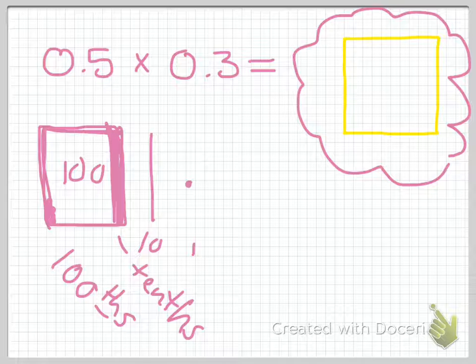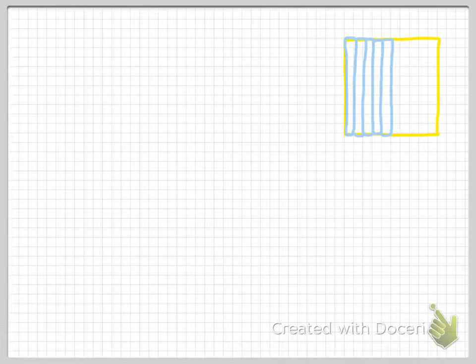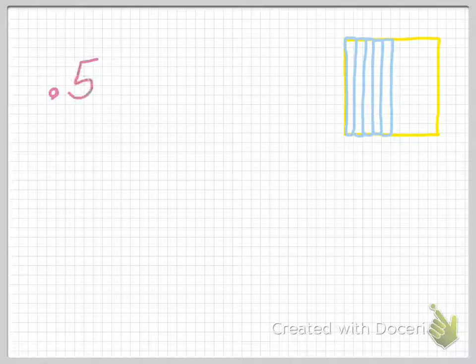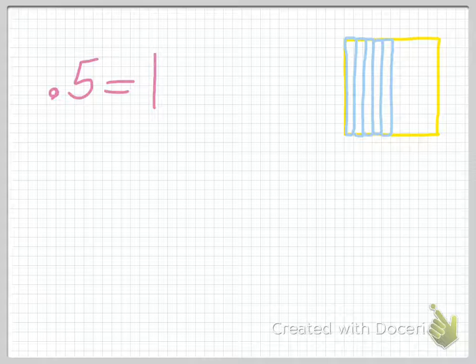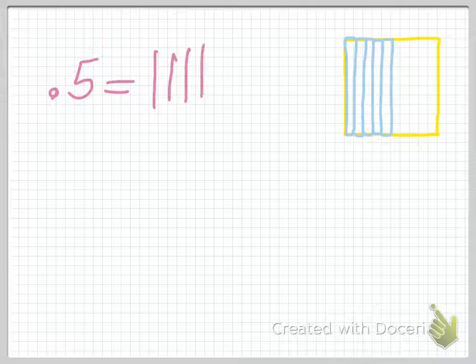So what I'm going to do is show you how you can multiply using a hundredths grid. So first I have the 0.5, 5/10, which is the same as drawing 5 longs. Okay, so I have my 5 longs on there, which is the same as 5/10.